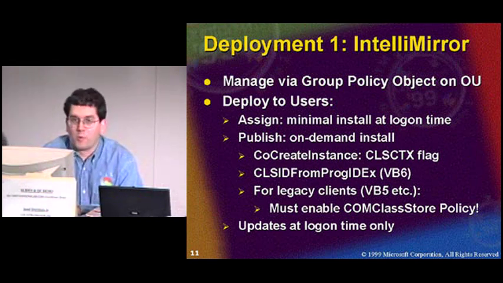Not always do we want to go across the network. There are certain other issues there as well. There's a flag that allows you to enable this, but it should be used with care, because CoCreateInstance is used so broadly that the effects of this flag could be pretty hard. So this should be tested and used only in very limited scenarios where you know exactly what the set of applications on the desktop machines is going to be.